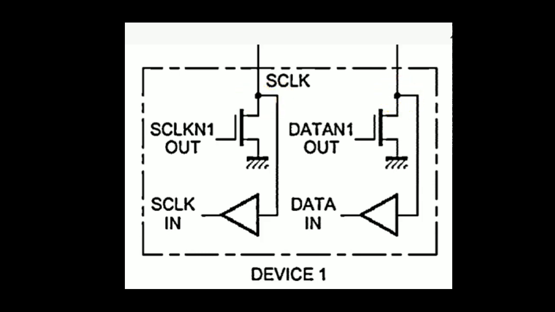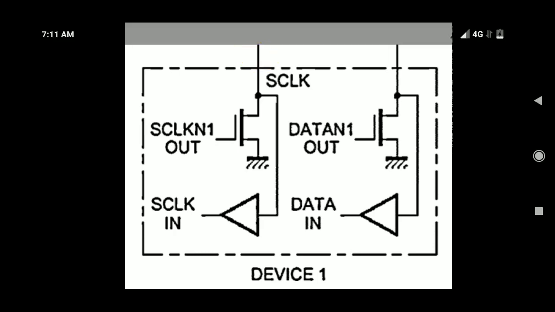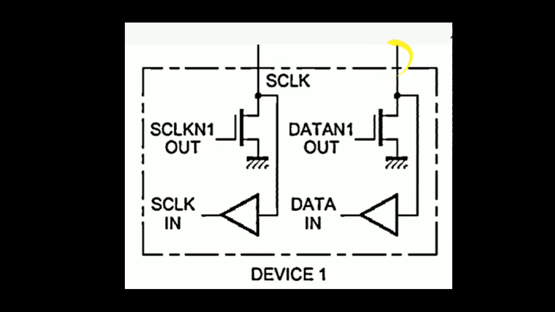Here we can say that the SCL and SDA lines are connected to the drain terminal of this MOSFET, and this drain terminal is neither connected to logic high nor connected to logic 0. For both transistors it is kept open. It is not connected to logic high or logic 0.